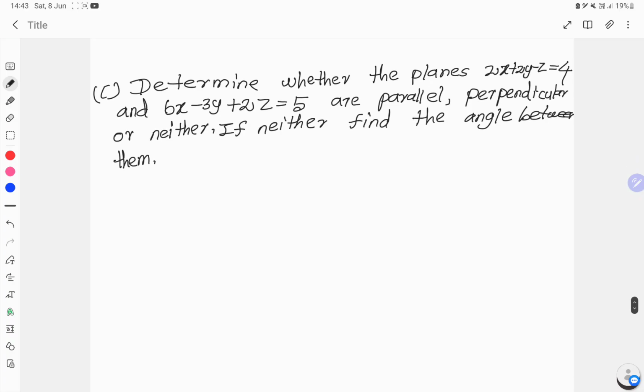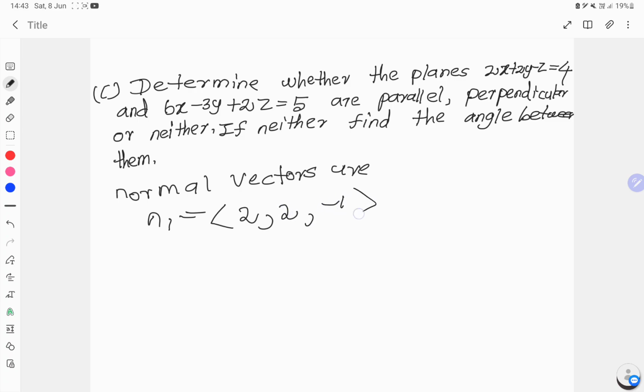Next, C part. Determine whether the planes 2x plus 2y minus z equal 4 and 6x minus 3y plus 2z equal 5 are parallel or perpendicular or neither. If neither, find the angle between them. First, we find the normal vectors of both planes. N1 equal 2, 2, minus 1.